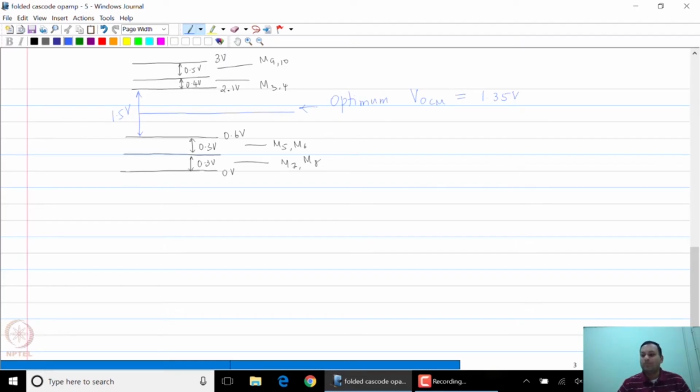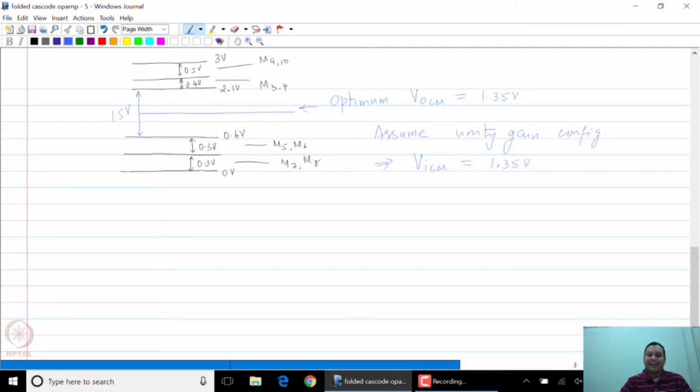So the output should be biased at 1.35 volts. Now to work backwards, we are going to assume that the op-amp needs to operate at unity gain, which means the input common mode would be at around 1.35 volts. Now this helps us set the values for the input also.